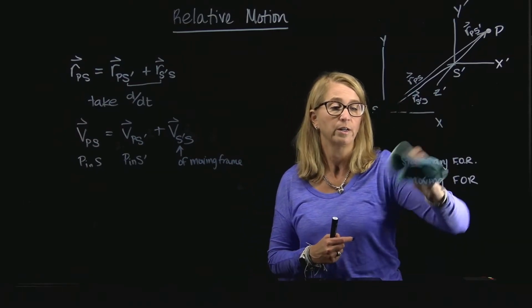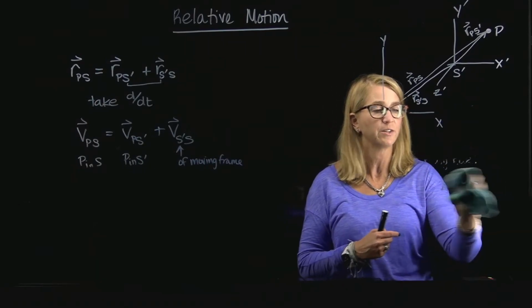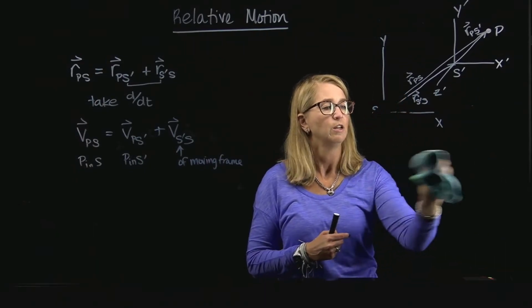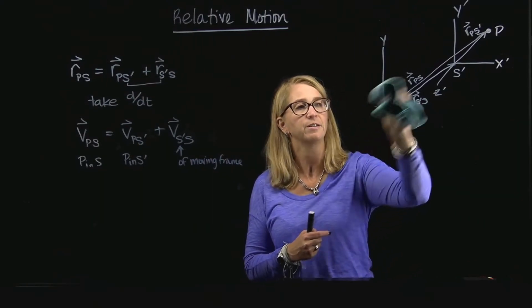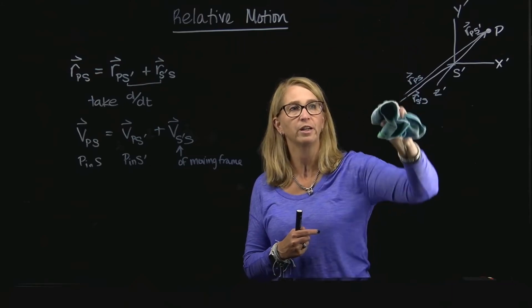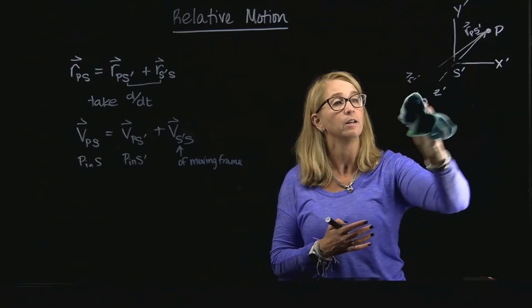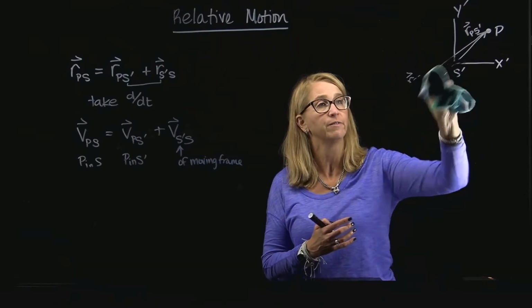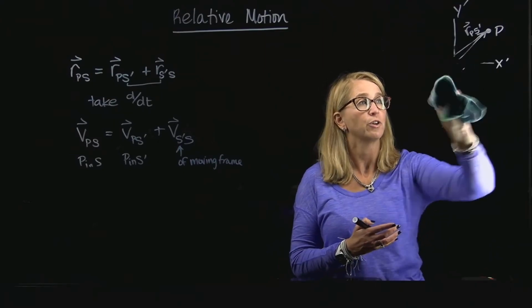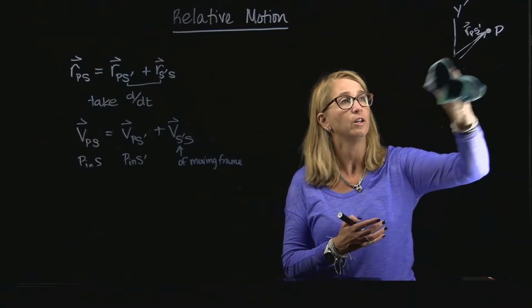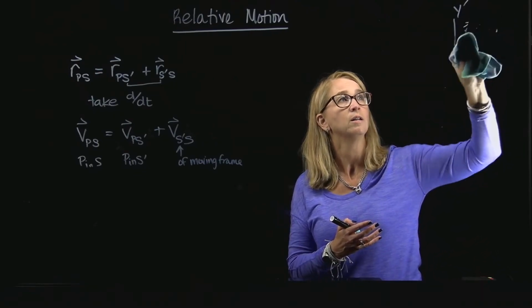And so our example is going to be, as it often is, I find that with these relative motion problems, there are 2 different things that you usually are asked to think about that are changing the motion. One is the wind, and the other one is the water. So you either have a boat moving in a moving river, and you're trying to figure out different speeds, how it's moving with respect to the river or the shore.